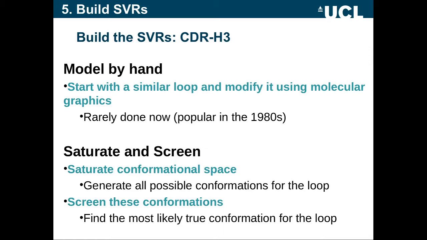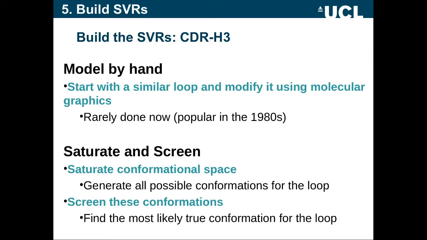Well, one approach is to model by hand. We can start with a similar loop and try to modify it using molecular graphics. And that's rarely done now. It was popular in the 1980s, and the first part of my PhD was actually trying to do that and then proving that it really didn't work.